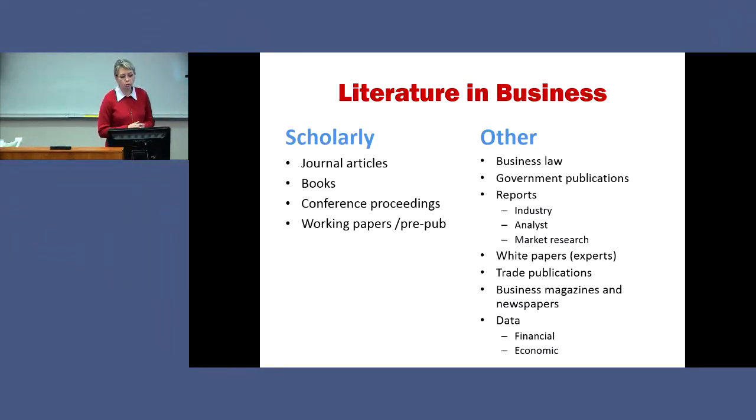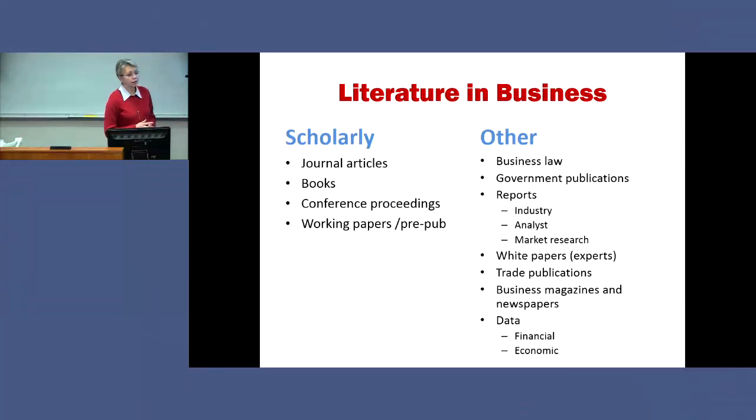In addition to scholarly literature, business researchers very often use other types of resources, such as business law, government publications with all kinds of guidance and regulations, statistics and data, reports that are published by different government agencies.